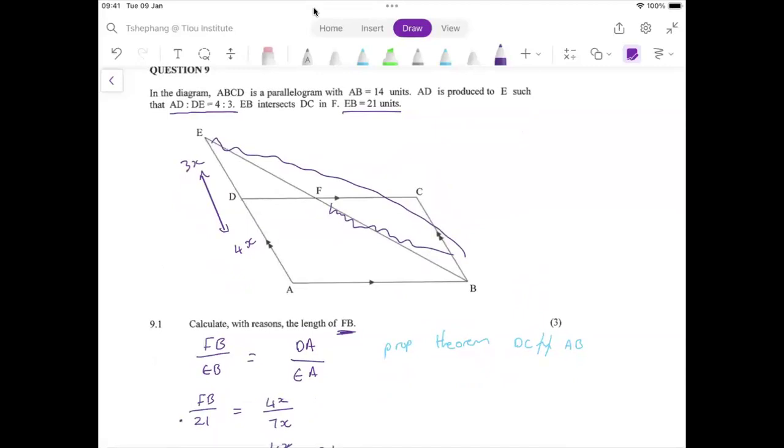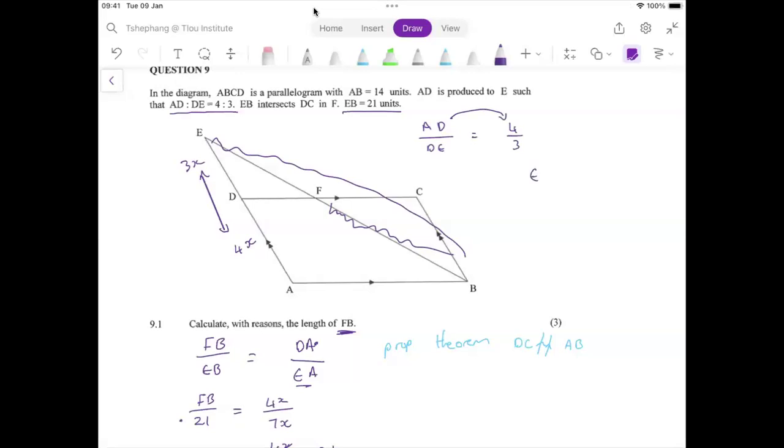Now, they said that AD to DE is 4:3. This is the same as saying AD over DE is equal to 4:3, right? That's why we can say for DA, or AD, we're going to use 4 times some factor X. Now, we're looking for EA.